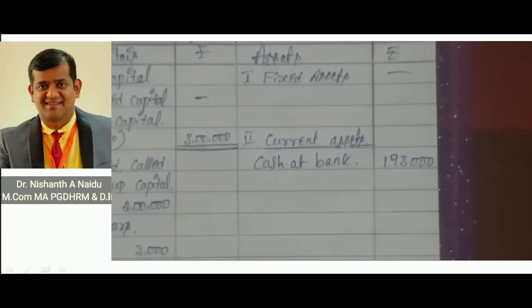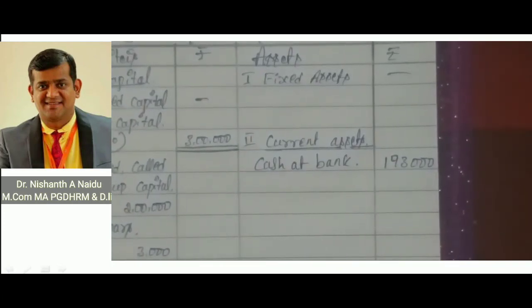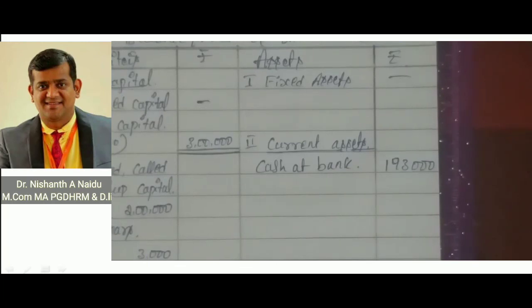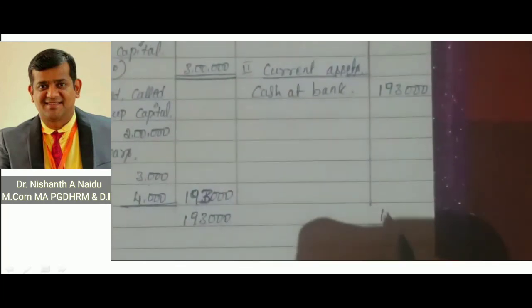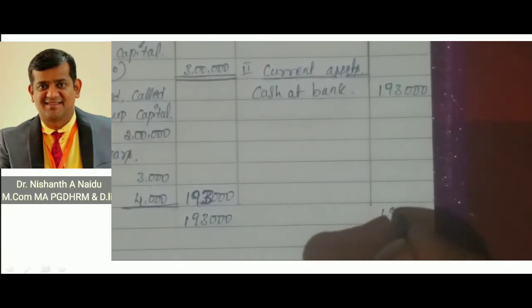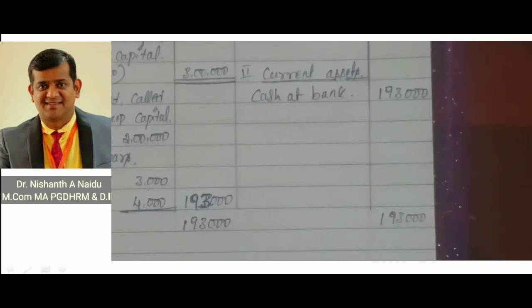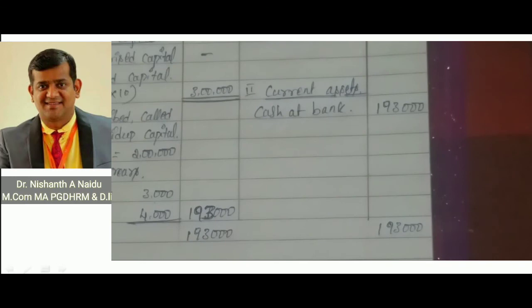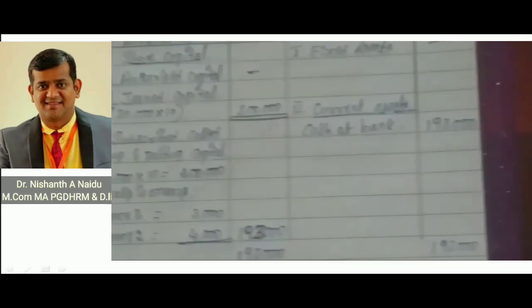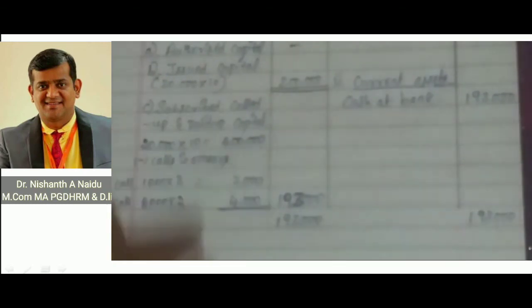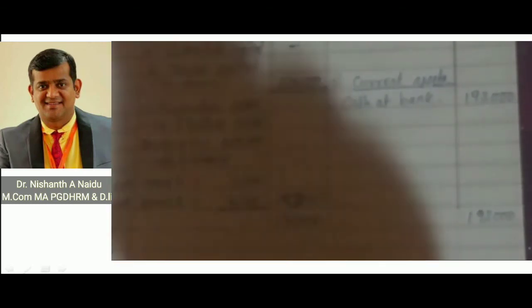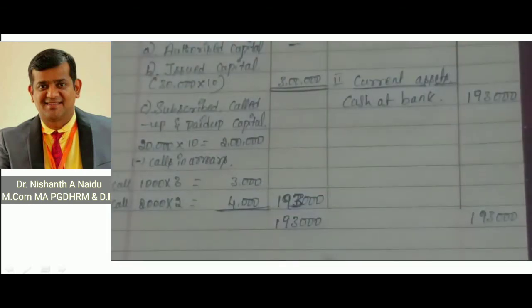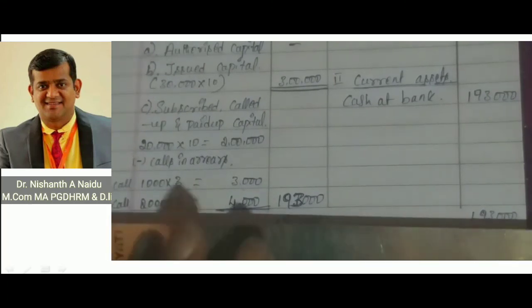So now both sides total 1,93,000 and 1,93,000. So both sides got tallied. Tallied or not? Yes, tallied. Correct. So let me close the table.